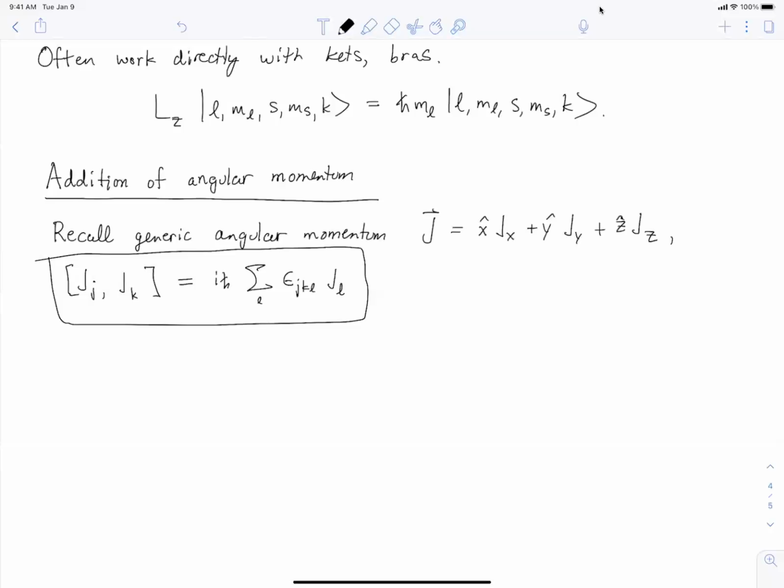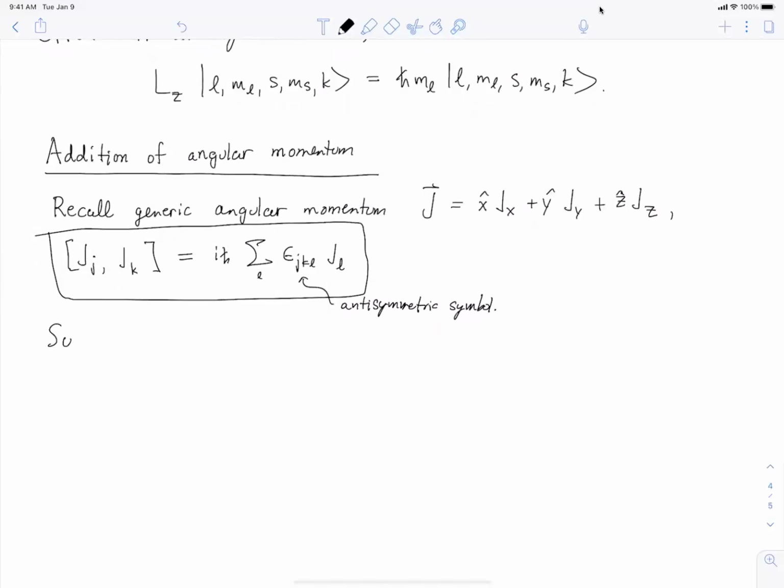This is the anti-symmetric symbol. So in fact, anything that satisfies that property, we can say that's an angular momentum. And if it doesn't satisfy that, then it's not an angular momentum.